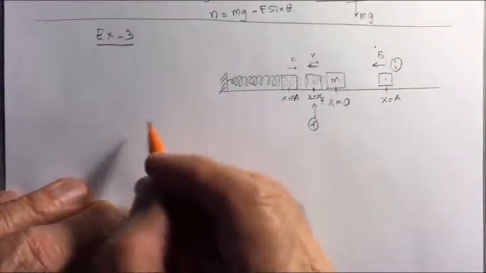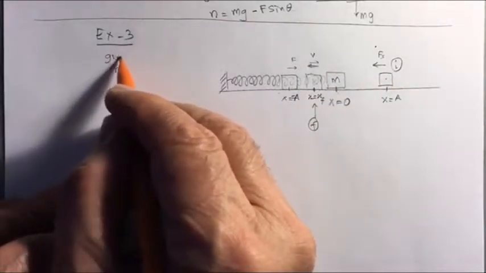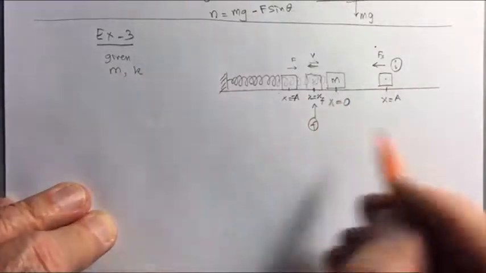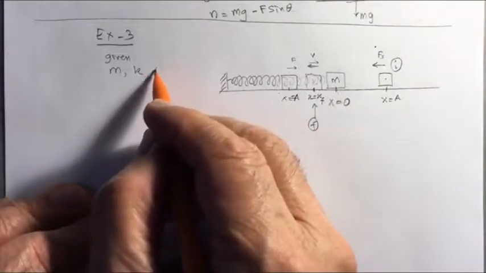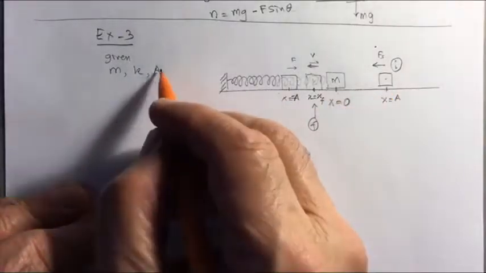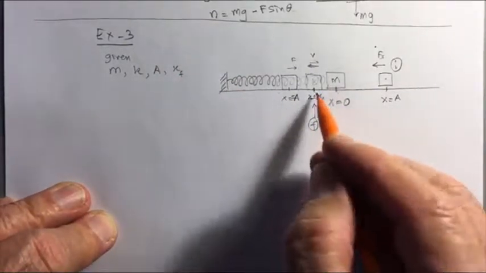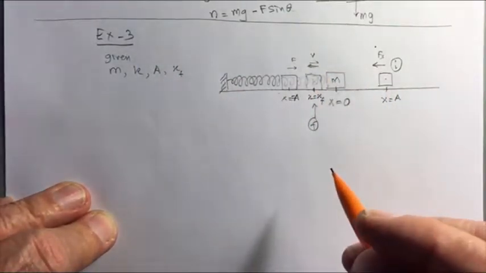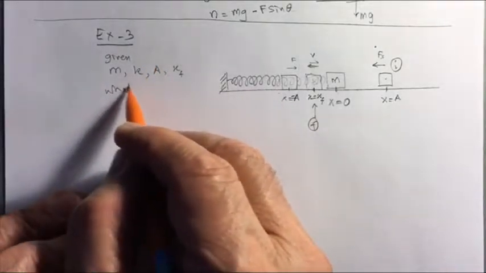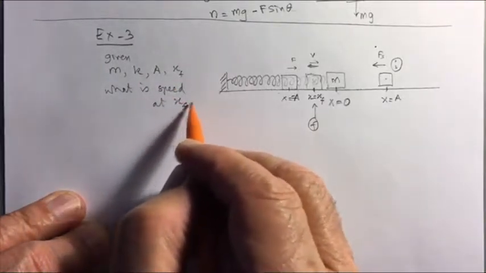And now we write the equations. The given quantities are m, the spring constant k, the value of A, that's how far we brought it, and the x final, the position where we want to calculate the velocity. And the question is, what is the speed at x final?